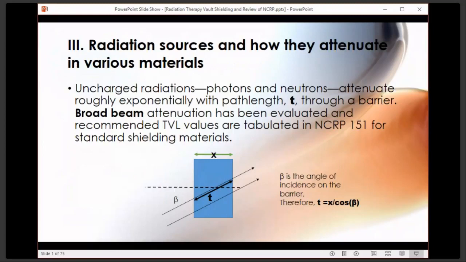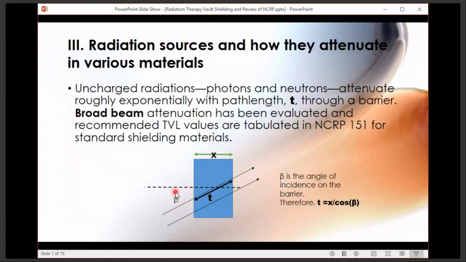Now, the most important thing here, in terms of clarification of what we're talking about: the barrier thickness I give a label X, and it's the thickness, whereas the path length along which the beam passes is t.